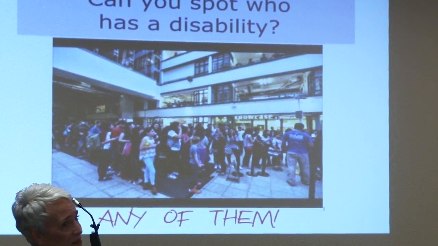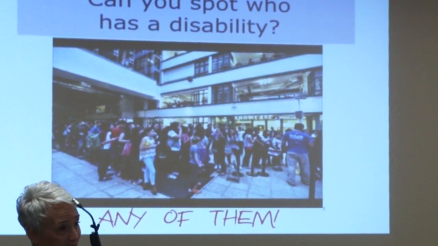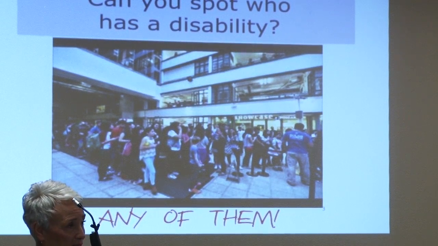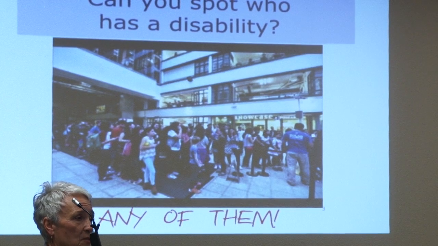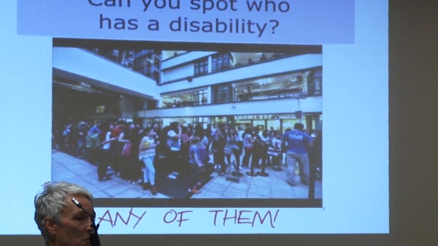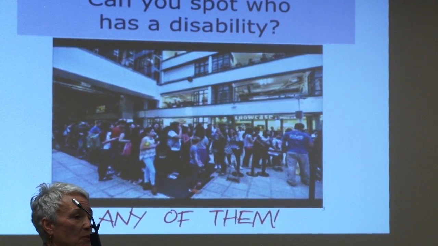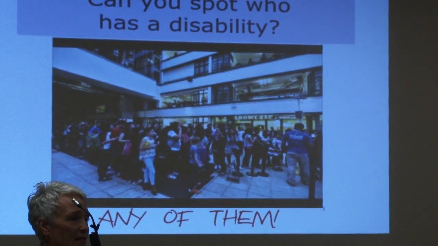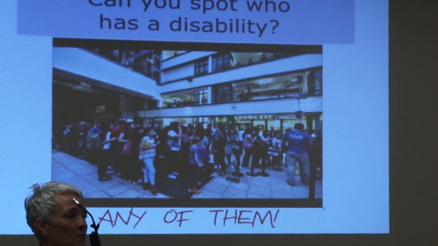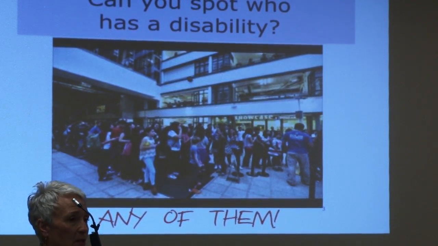Any of them? 57 million people in the United States report having a disability, and some of those people don't necessarily report but do have a disability. Invisible disabilities in this country are huge in terms of numbers. 1 out of every 2 people has an invisible disability. So look around.